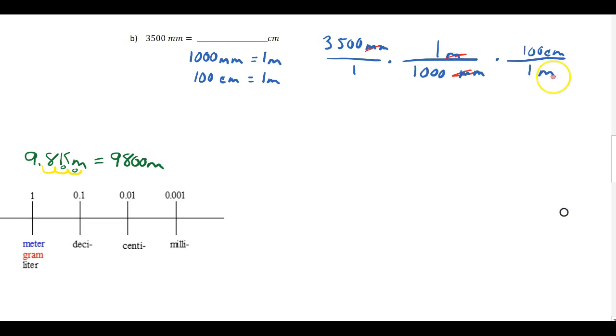That cancels these out. Now on the numerator, I'm going to take 3,500 times 100, which is going to give me 350,000. On the denominator, I have 1,000, and this is centimeters. So I'm going to divide by 1,000, and I get 350 centimeters.